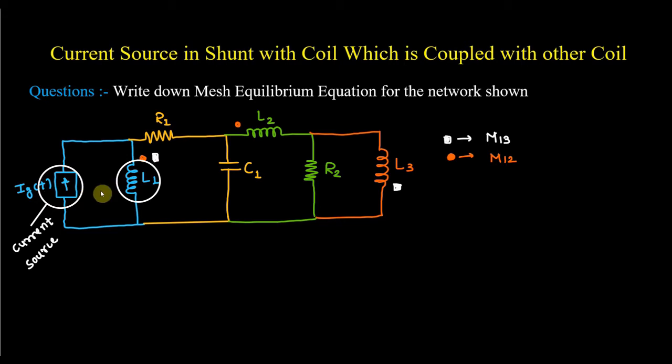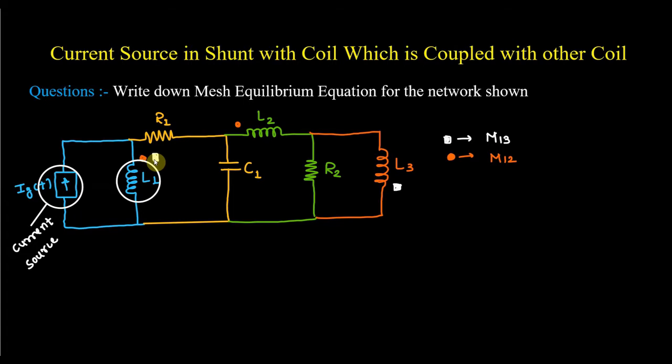But there is a difficulty due to the mutual coupling. We would have to convert the current source into two voltage sources, one for the dot and another for the circle. But when converting the current source into a voltage source, it is difficult to mark the dot polarity. So it is not convenient to write the mesh equation by converting the current source into a voltage source.